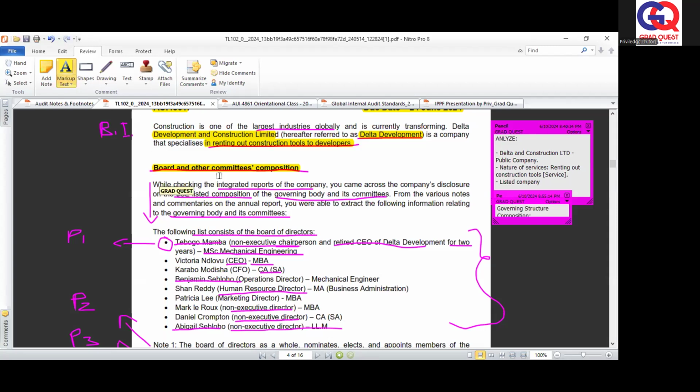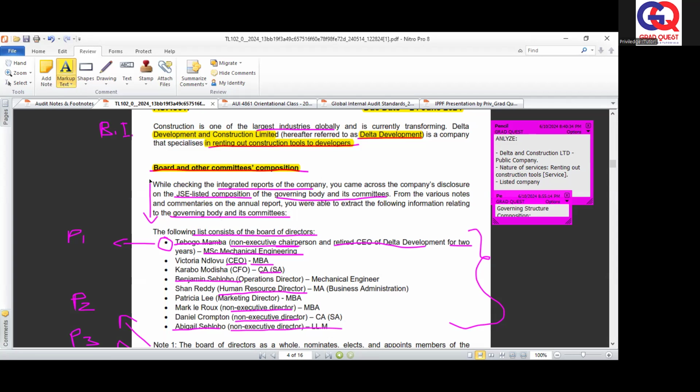While checking the integrated reports of the company, you came across the company's disclosure on the JSE-listed composition of the governing body and its committees. From the various notes and commentaries on the annual report, you were able to extract the following information relating to the governing body.